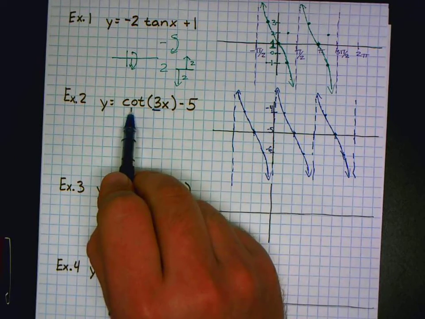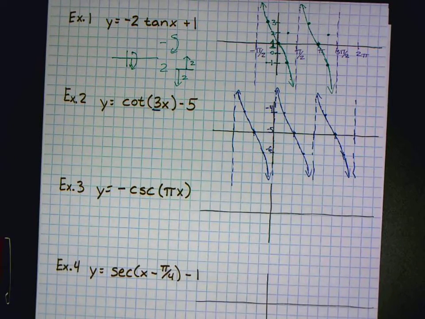It's because it's cotangent. This is how cotangent looks. It's exactly a negative tangent shifted pi over 2.